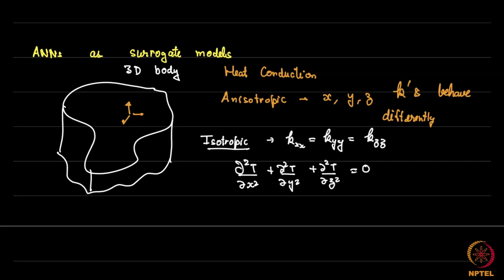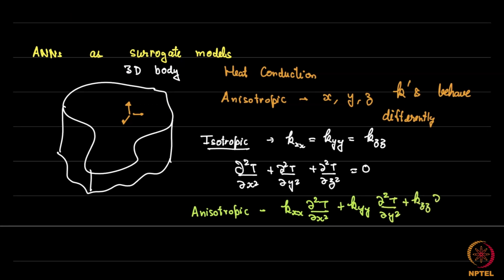On the other hand, if it is anisotropic, then your governing differential equation coming from energy would look like Kxx del square T del X square plus Kyy del square T del Y square plus Kzz del square T del Z square equal to 0. So obviously, anisotropic goes to isotropic if Kxx equal to Kyy equal to Kzz.